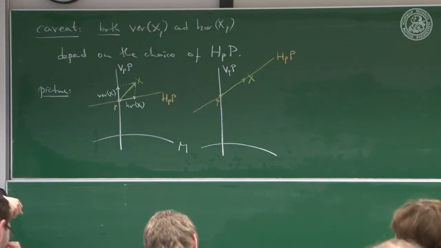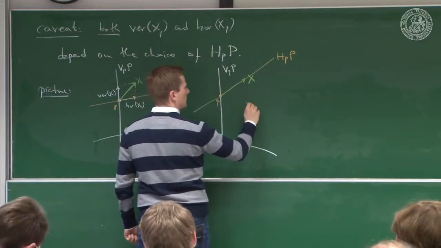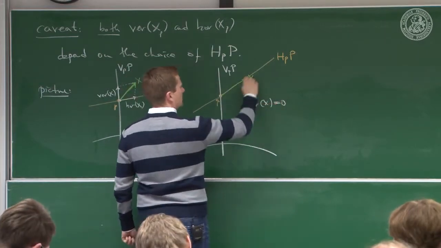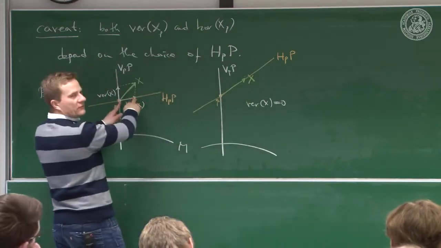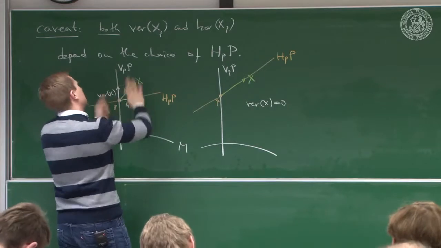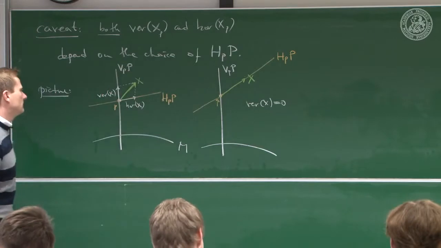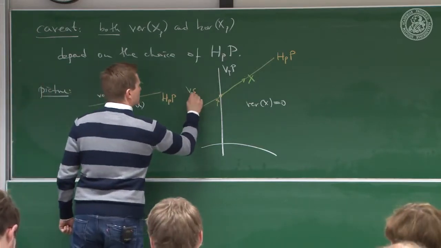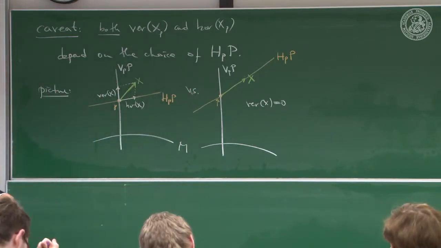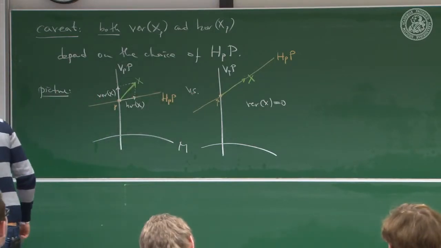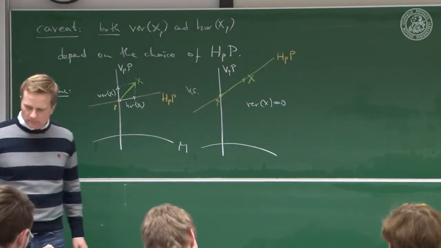It's possible. And now you see that the vertical component of this x is 0. There is no vertical component. And the horizontal component is also different from here, because it's the entire vector. You've got to compare these two. So in this decomposition, both the horizontal and the vertical part depend on the choice of H_P.